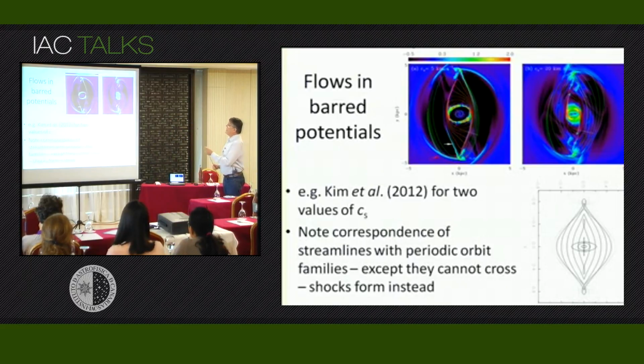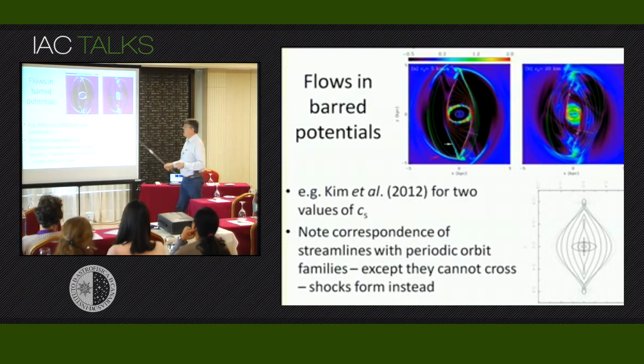And let me just show you a result so that we're not dealing entirely abstractly. This is some work that Jim Stone did with a student or postdoc, Woong-Tae Kim, and this is showing you the results of gas flow in a barred potential for two different sound speeds that they're adopting for the gas.